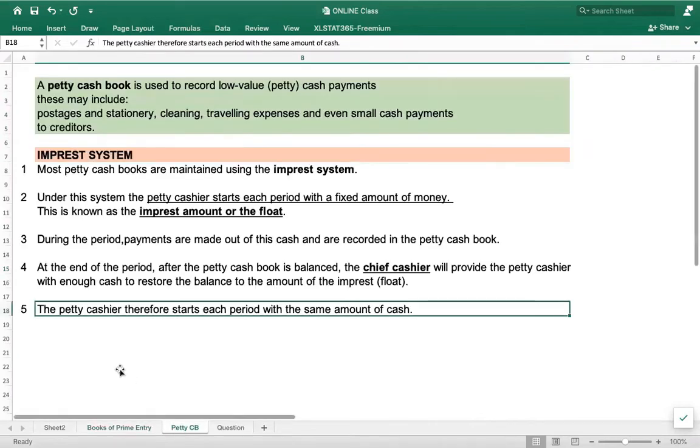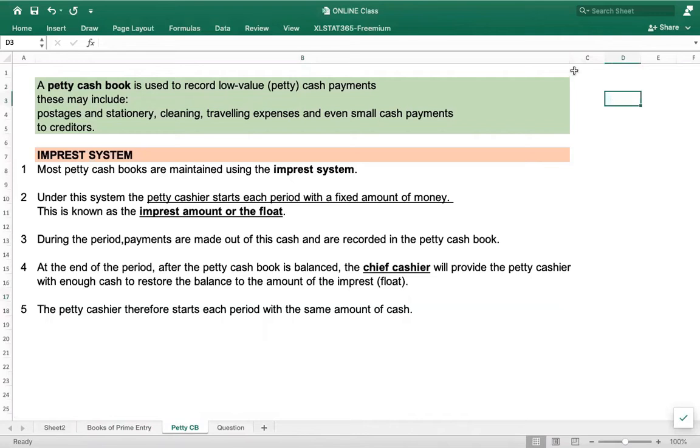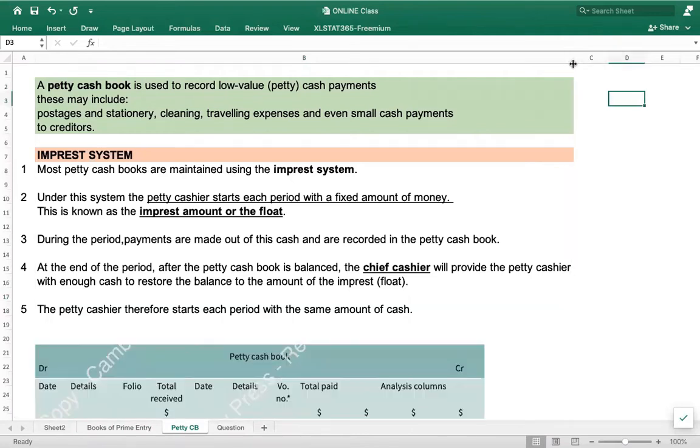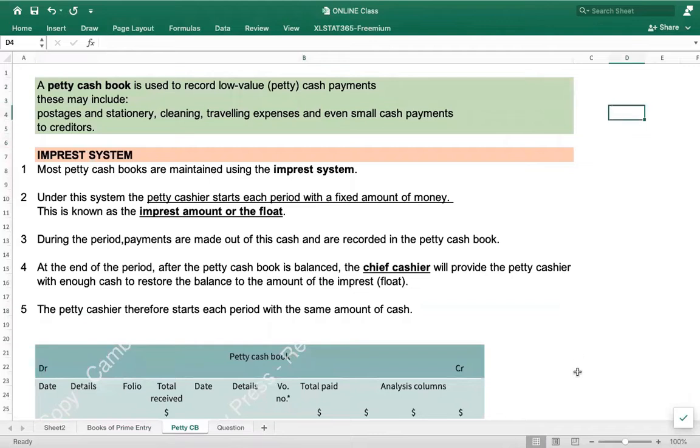So see, what is a petty cash book? Let me give you a brief introduction. What is the use of a petty cash book actually? In a big business, they keep two cashiers. One is the chief cashier and another is the petty cashier.